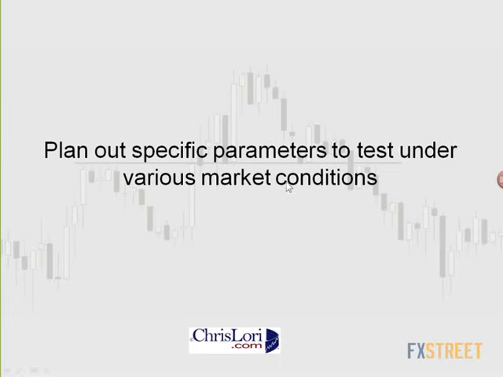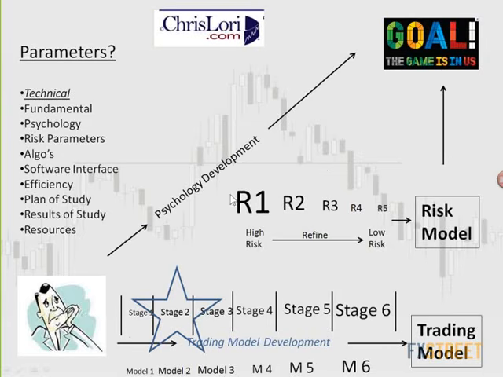Plan out specific parameters to test under various market conditions, and we're going to talk a little bit about that today. This is a layout of how your development as a trader should proceed. In this column I call the parameters, and every one of you has a different set of parameters.